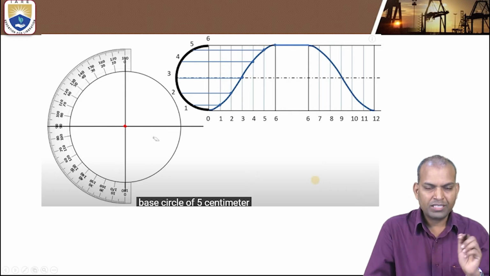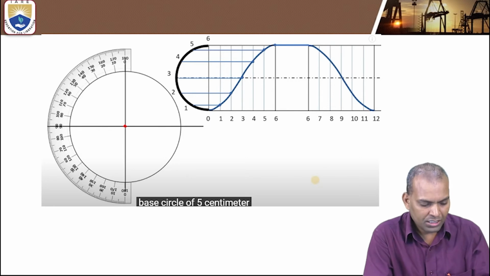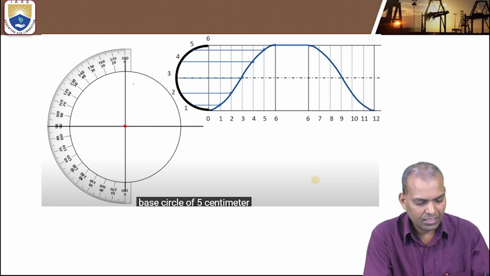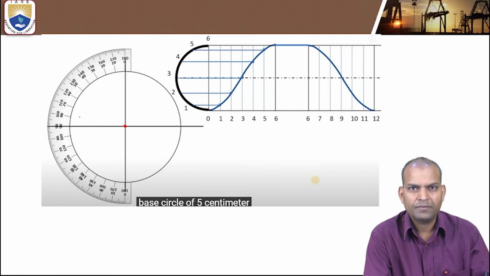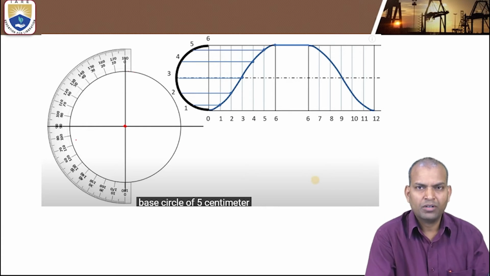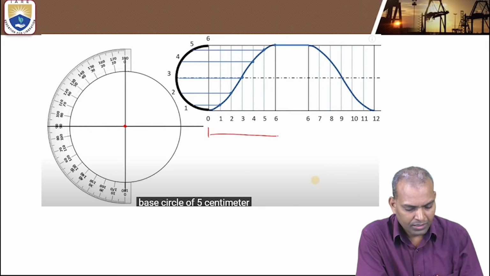Now, after the 5 centimeters, what to do? This whole circle, the basic circle of the cam, should be divided in terms of the outward stroke. This is outward. What is theta outward stroke? 120 degrees. Theta outward dwell is 60 degrees.